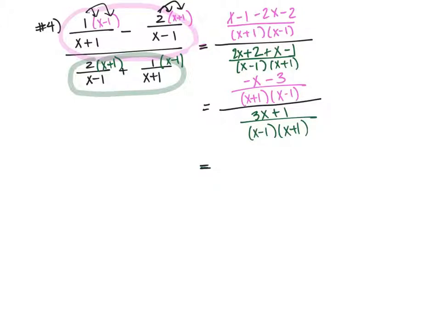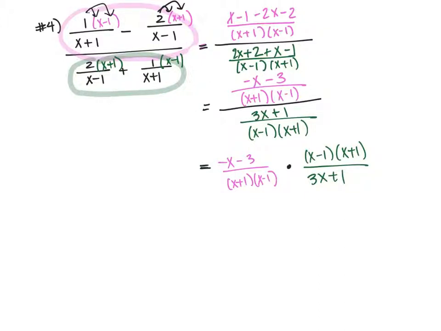So let's write the top one here: negative x minus 3 over x plus 1 over x minus 1. Remember, I'm taking this fraction, keeping it still, and I'm going to flip the second one. If I flip this one here, that's going to be the factors in the top, or in the numerator, over 3x plus 1, and then I multiply straight across.